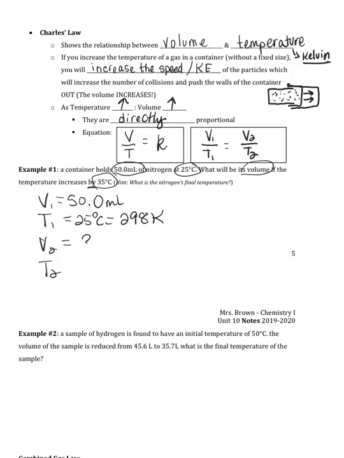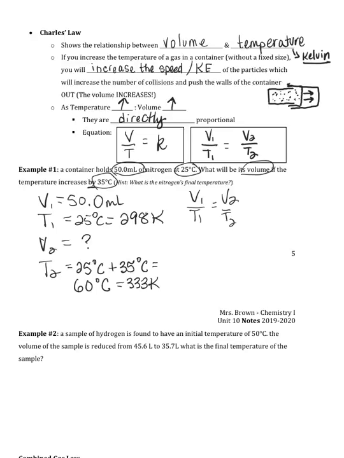V2 is what they're looking for. In T2, now 25 degrees Celsius was our original, and it says it increased by 35 degrees Celsius. So that means we're at 60 degrees Celsius. Add 273, and we're at 333 Kelvin. All right, our equation again, V1 over T1 equals V2 over T2.